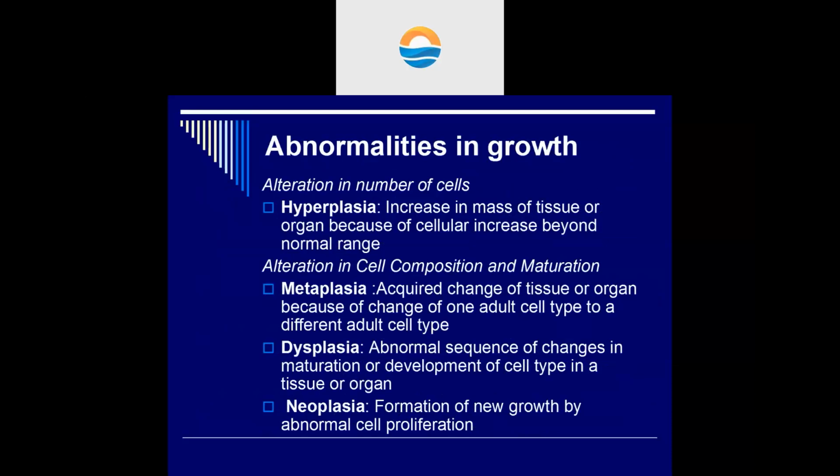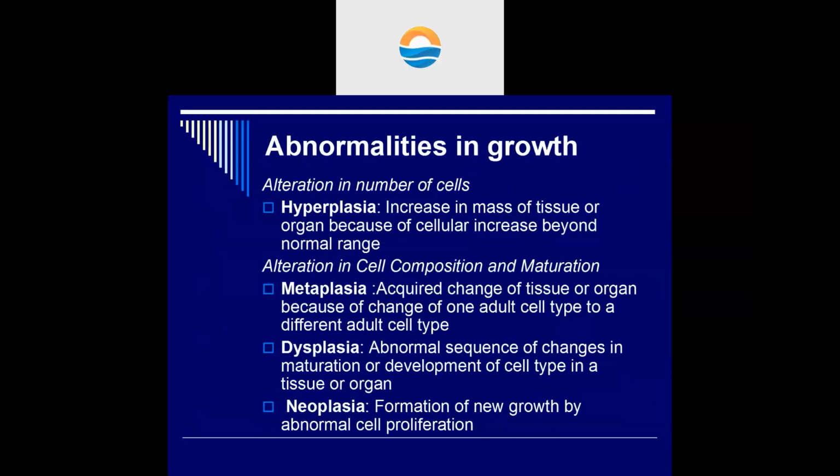So what are the abnormalities in growth? We can see alteration in number of cells in case of hyperplasia, increase in mass of tissue or organ because of cellular increase beyond normal range.